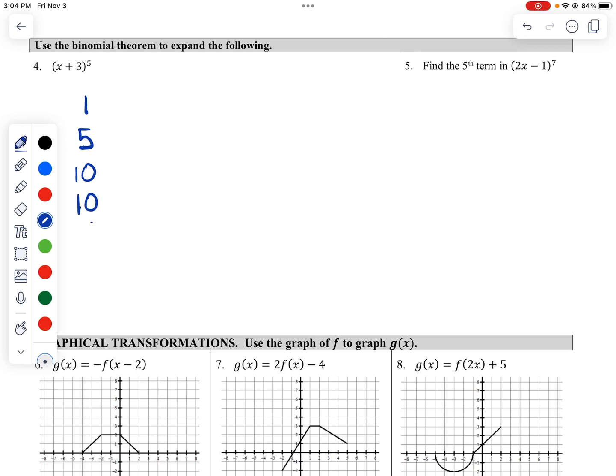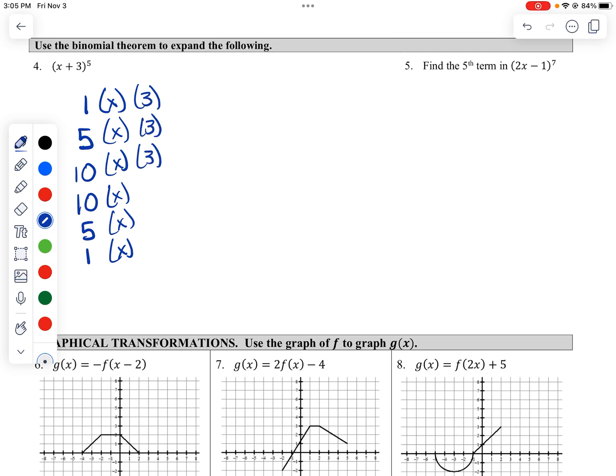The row is 1, 5, 10, 10, 5, 1, with x to the power 5, 4, 3, 2, 1, 0 and 3 to the power 0, 1, 2, 3, 4, 5.